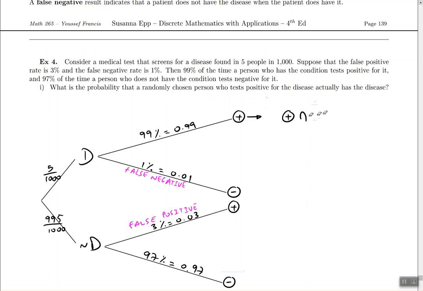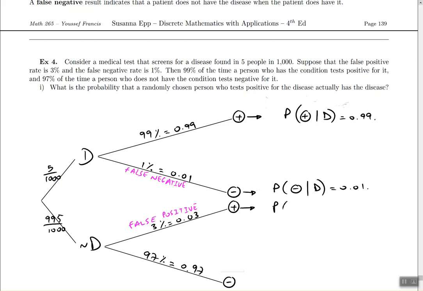Okay, so in other terms, the probability of testing positive given that you have the disease is going to be 0.99. The second branch down here, the minus sign represents the probability of those who tested negative but already had the disease, 0.01, and so on and so forth.